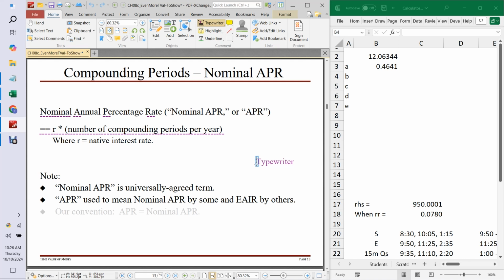And unfortunately, depending on who's making the advertisement, they mean either nominal APR or EAIR. So that's something in the real world you've got to suss out. There's no way around it but to just go ask the advertiser, do you mean EAIR or nominal APR? Our convention, to keep it simple, is whenever we see APR, we mean nominal APR, we mean native interest rate times the number of compounding periods per year.